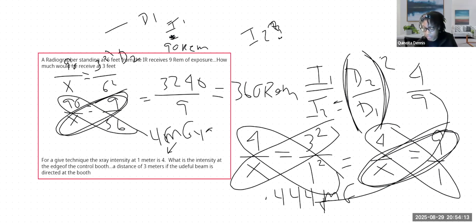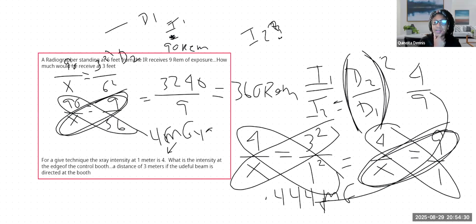All right, so any questions on the inverse square law? If you got 2.25, you did 9 divided by 4, but it's actually 4 divided by 9.